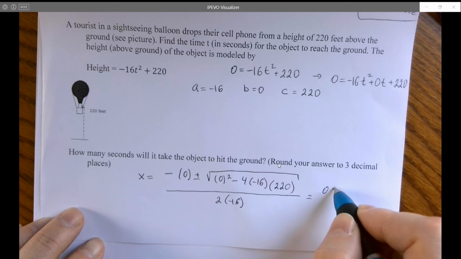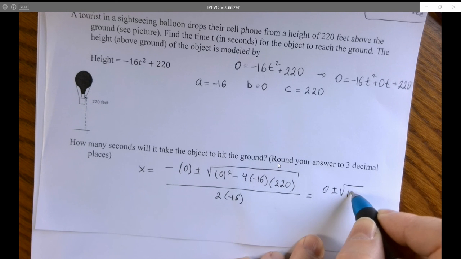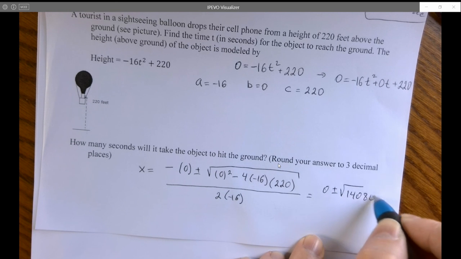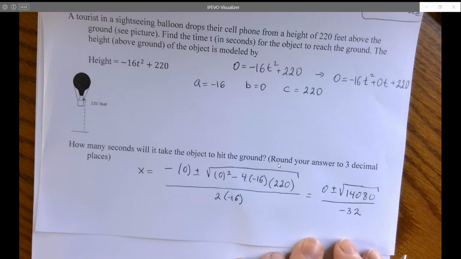It will be 0 plus minus square root of 14,080 over -32.